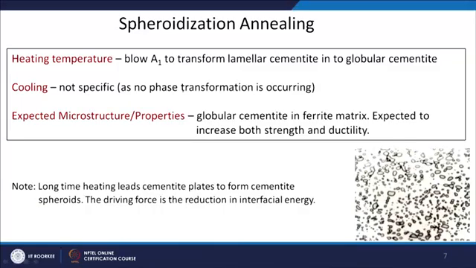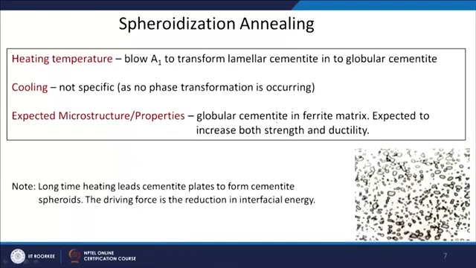So, cooling is not very important here. No specific cooling rate, you can have faster, you can have slower. Of course, if your product is big, I cannot have fast cooling, otherwise there will be thermal stresses in the material. So, cooling can be decided depending upon the size of the product.